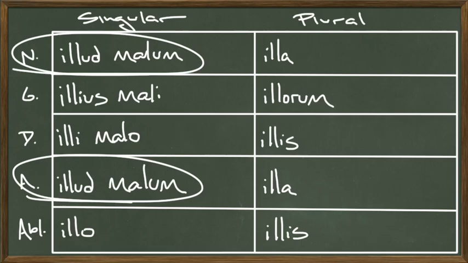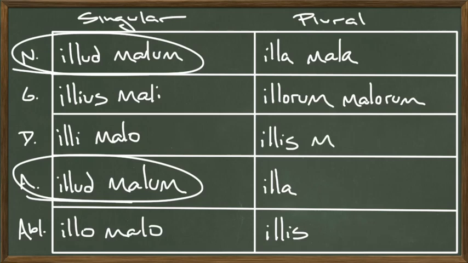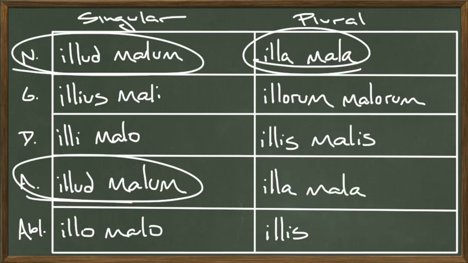With that apple, illo malo. Those apples, illa mala. Of those apples, illorum malorum. To those apples, illis malis. Those apples, remember, what happens in the nominative happens in the accusative. Illa mala. Those apples. And last of all, by, with, or from those apples, illis malis.